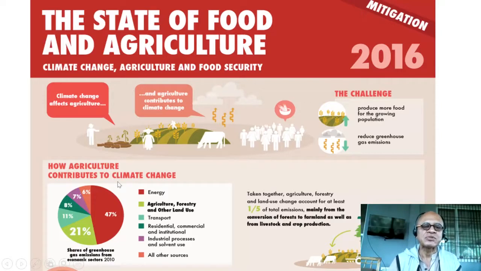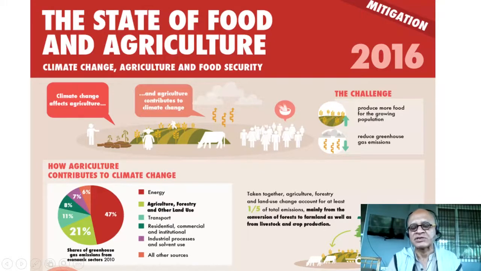How agriculture contributes to climate change, again looking at the split as a pie chart: energy use, agriculture, forestry, and other land use, AFOLU, transport, residential and commercial, institutional contributions, industrial processes and solvent use in food processing, and so on, and all other resources that are here. So these are the different economic sectors that are contributing, with agriculture being here at 21%.